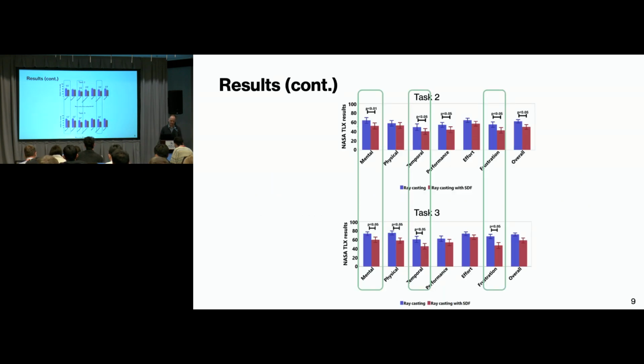In the NASA TLX, we got nice results also for mental demand and temporal demand and frustration, where the SDF is always better. For task 2, we also got better rating for performance and overall task load. For task 3, which was the most difficult, the physical demand also decreased, the rating decreased. But that's a little less consistent, so we can't claim that this holds overall.